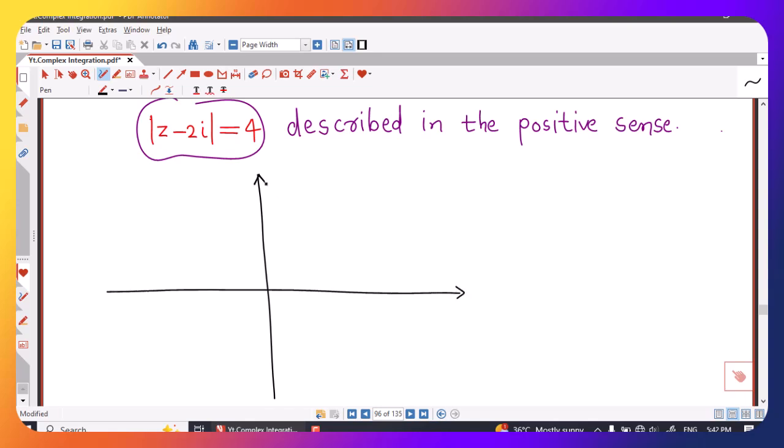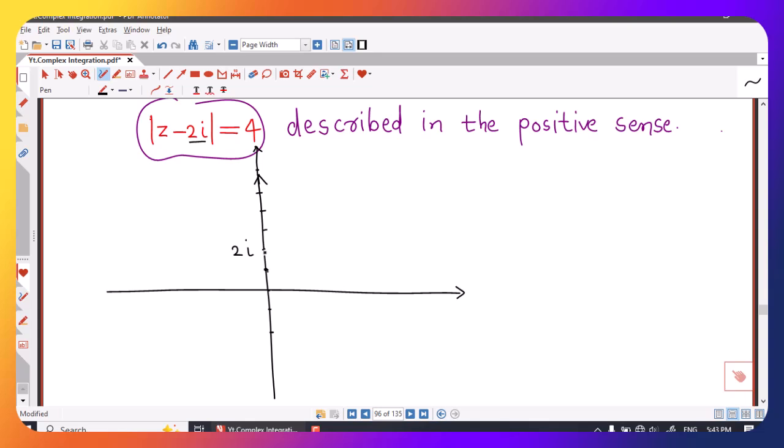2i means we have our center on the y-axis. Suppose this much distance is 1, then this is I, and here I will have 2i, and radius is 4, so this is going to pass through this point here, and here we will have 1, 2, 3 and 4. I have to extend somewhere here.